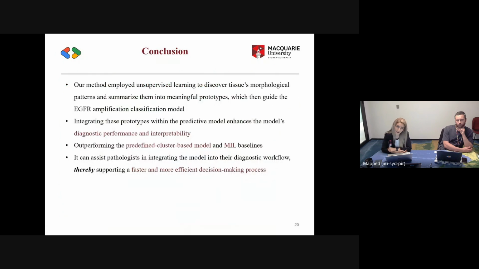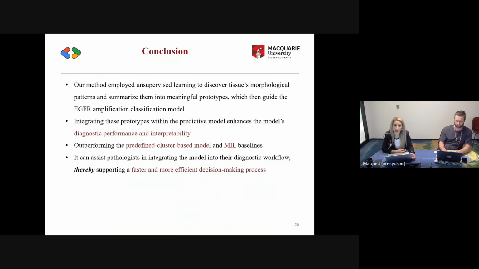So, in conclusion, our method employed unsupervised learning to discover tissues' morphological patterns and summarize them into meaningful prototypes, which then guide the EGFR amplification classification model. Integrating these prototypes with the diagnostic model enhances the model's diagnostic performance and interpretability.